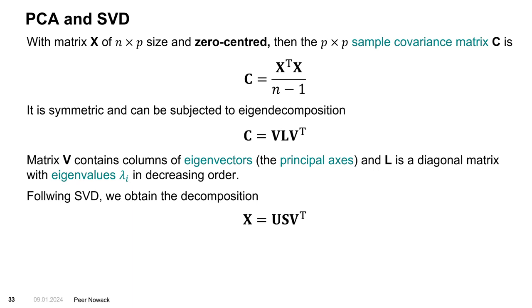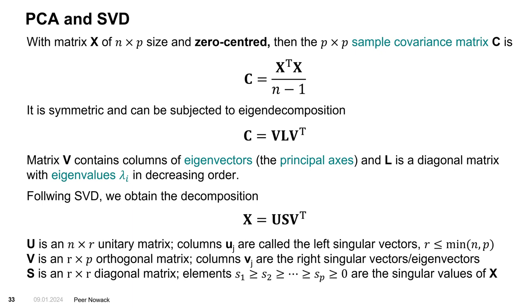But what you do is you decompose the original sample covariance matrix into a unitary matrix U, a diagonal matrix S again, which you will see is slightly different to the diagonal matrix L here, but connected, and an orthogonal matrix V, which we will see is later on exactly the same eigenvector matrix, depending on your definition, as for the eigendecomposition in the first place.